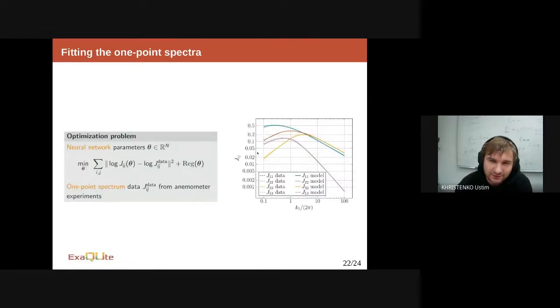So this is the result of calibration of the model. We take the available data and we learn the coefficients of the neural network. This is the same data that I presented 2 slides ago, and we see that this model leads to a more accurate one-point spectrum.